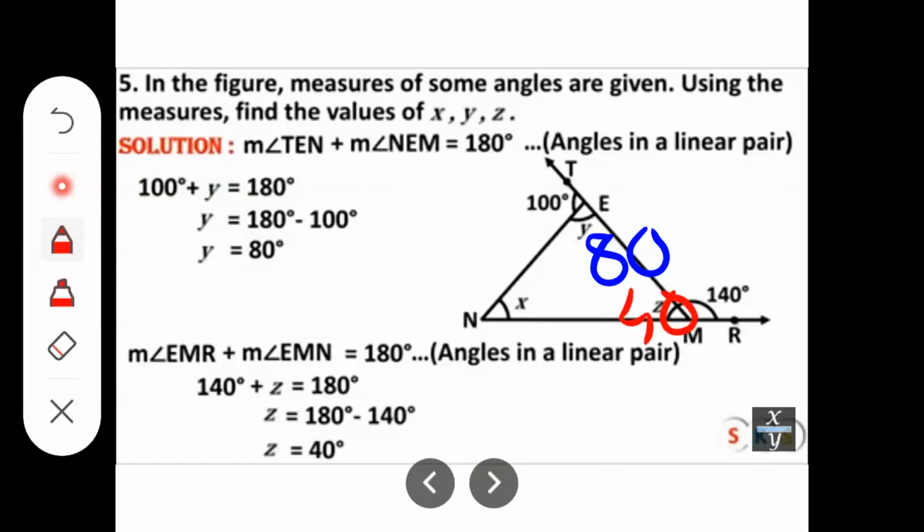Now see, those are the interior angles of a triangle. If two of the angles are 80 and 40, the remaining one you will get by subtracting their total from 180 degree. You will get the value of x. The sum of the measures of all angles of a triangle is 180 degree, so if two are given, the third one we can find.